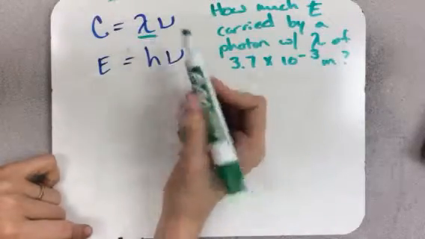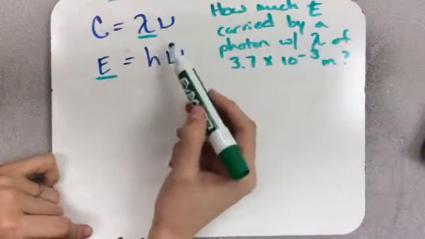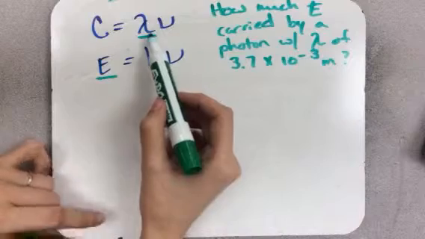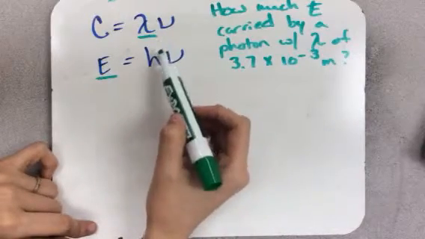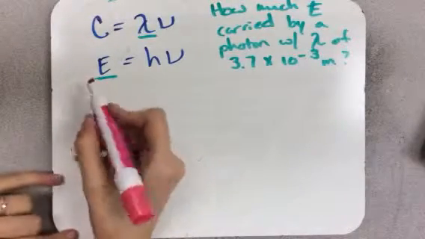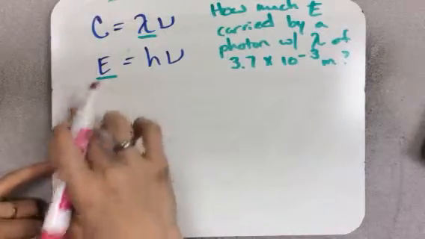Here's our wavelength. Here's our energy. The only thing these two equations have in common is frequency. So the thing to do here would be to solve for frequency and then solve for your energy. So let's do that. We have lambda, our wavelength. Oh wait, no, I've given you wavelength.